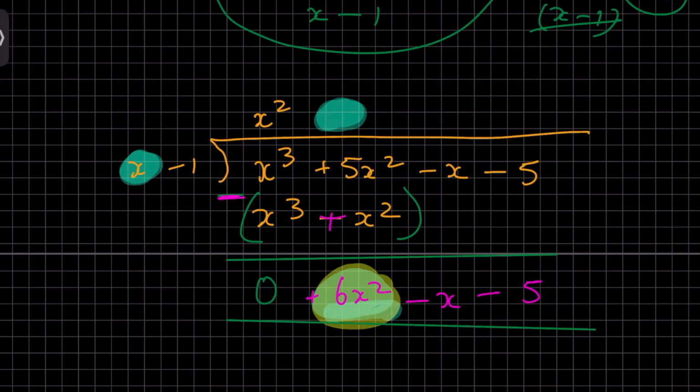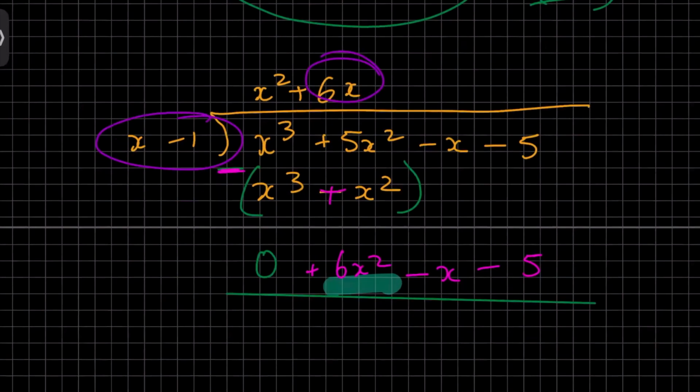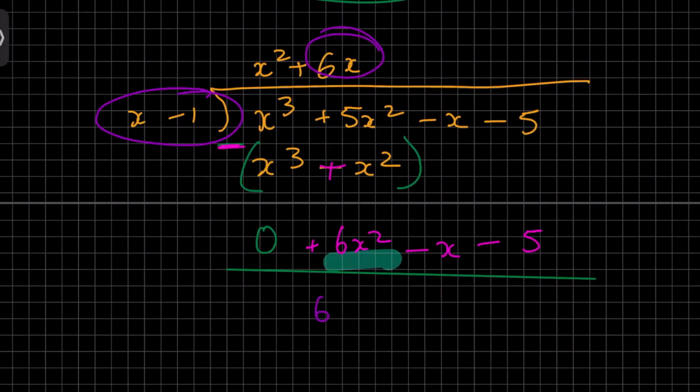Again, intuitively, you should know that x times positive 6x should equal positive 6x squared. Again, what we're going to do is expand the 6x over here into our denominator. This would give us 6x squared minus 6x.